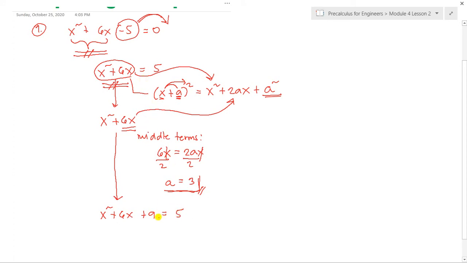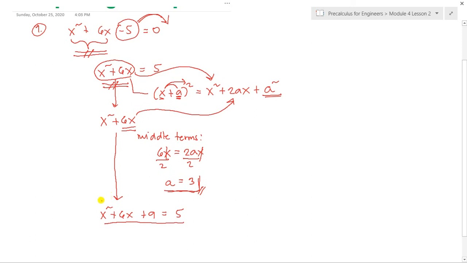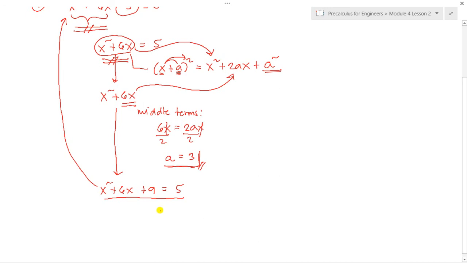Now class, as you've noticed, our new equation, which is this one, hindi na siya pareho sa ating previous equation, which only looks like this. Diba? Kasi dinagdagan natin, meron na siyang dinagdag na 9 dito sa left side. So in order to make the equation equal, parang walang nagbabago, so if we add 9 on the left side, we need also to add 9 on the other side.